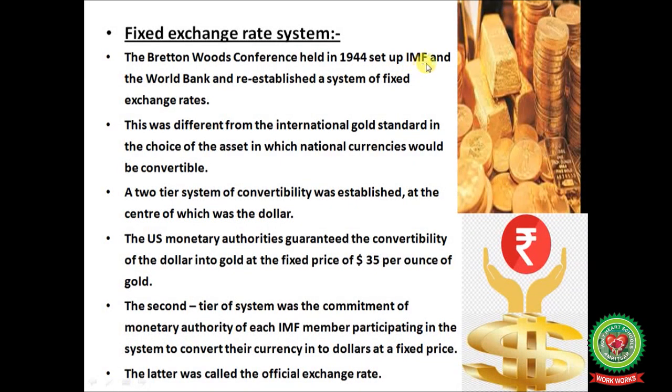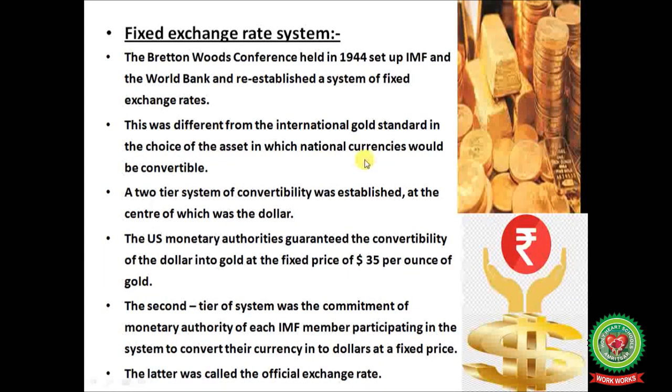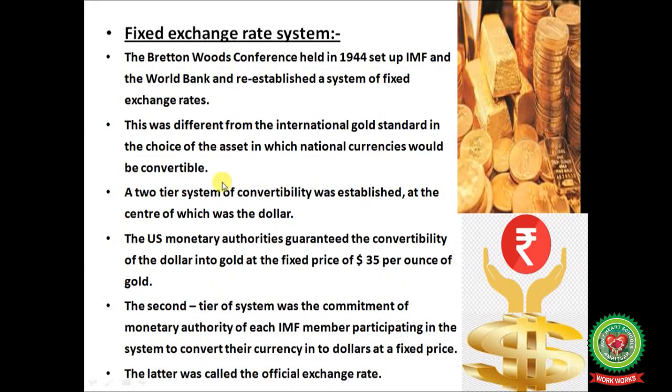International Monetary Fund, and the World Bank, and re-established a system of fixed exchange rates. This was different from the international gold standard in the choice of the asset in which national currencies would be convertible. A two-tier system of convertibility was established, at the center of which was the dollar.